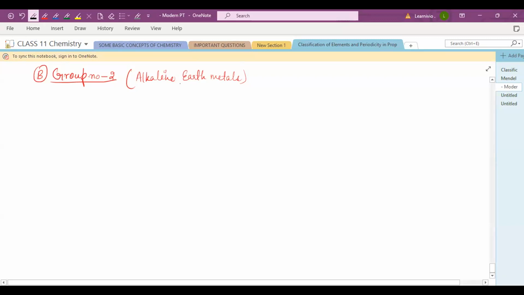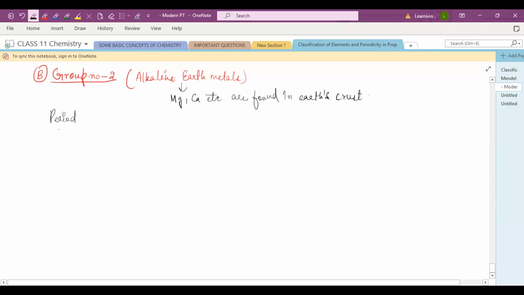Basically, your magnesium, your calcium, etc., they are found in Earth's crust. So let's see what these periods are.